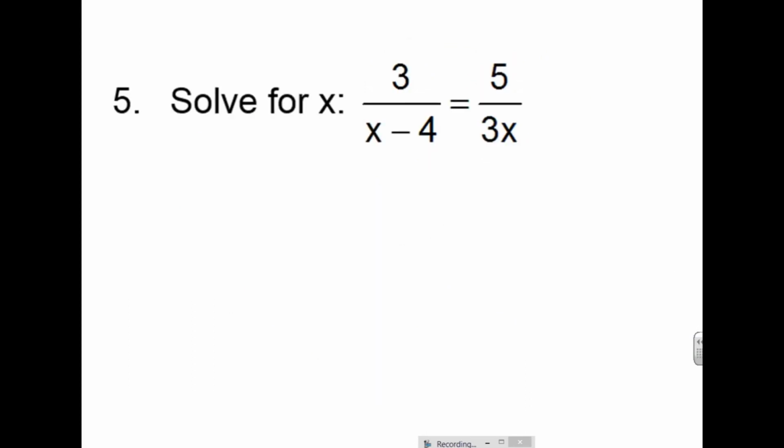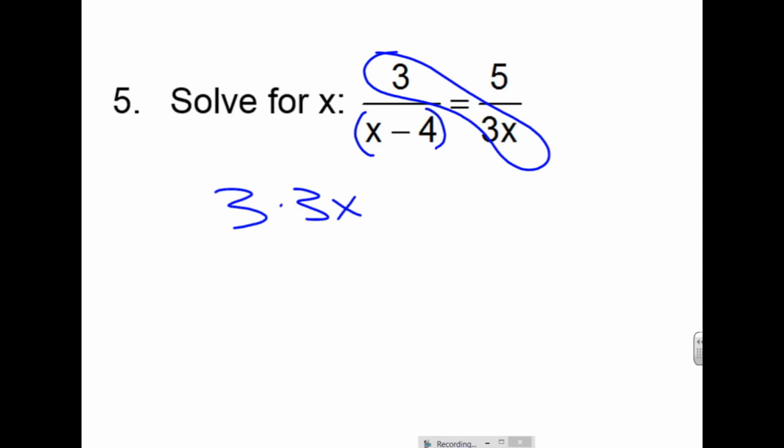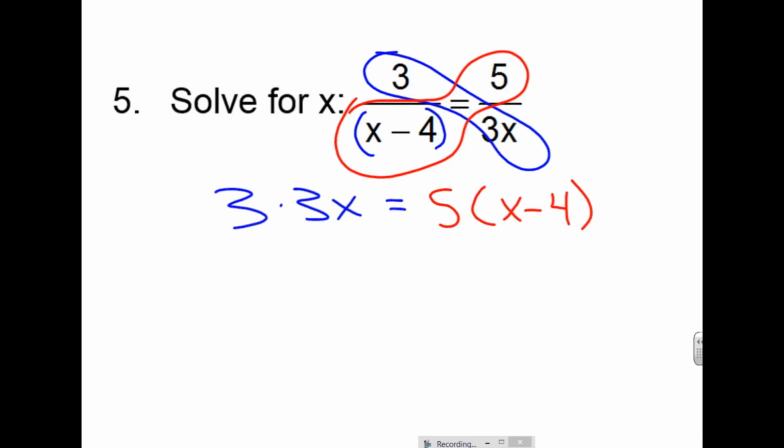Problem number 5 also has a 2-term expression, so I'm going to put parentheses around it. I'm going to multiply 3 times 3x, and that's going to be equal to x minus 4 times 5, so that's 5 times the quantity x minus 4. I distribute, and I get 5x minus 20. Make sure you distribute it to both terms.